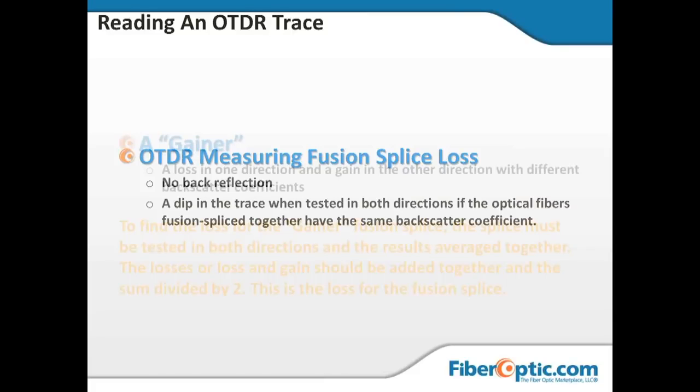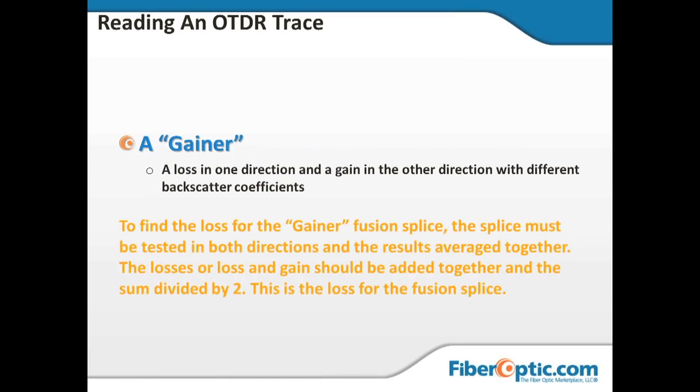Remember, all we're doing is measuring reflectance. So if it sees more reflection from more backscatter, it's going to see it as a gain. Of course, when you shoot that from the other direction bidirectionally, it's going to have a huge loss because it's going to be going from a lot of reflection to a lot less reflection.